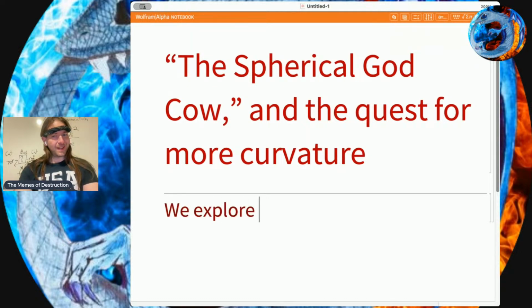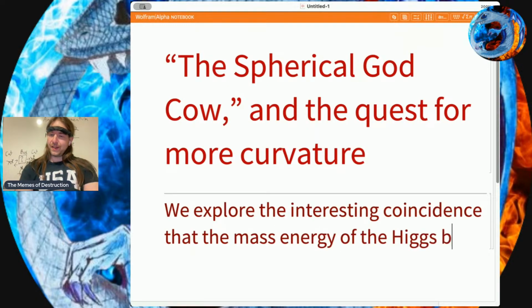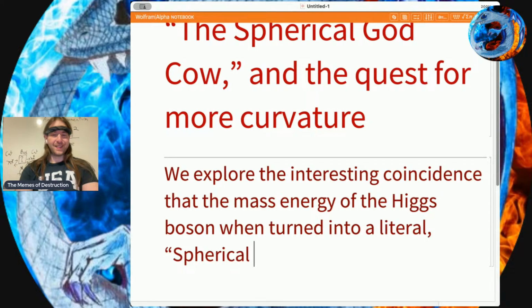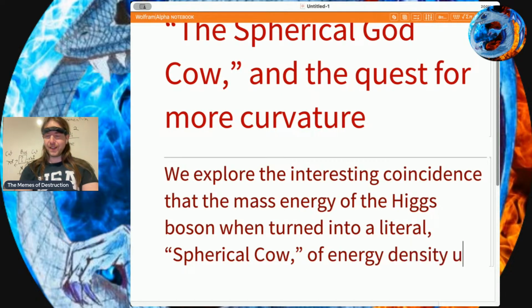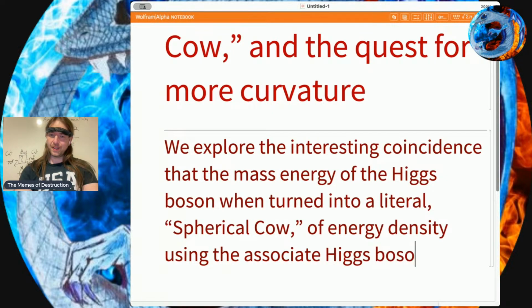We explore the interesting coincidence that the mass energy of the Higgs boson, when turned into a literal spherical cow of energy density using the associated Higgs Compton wavelength.